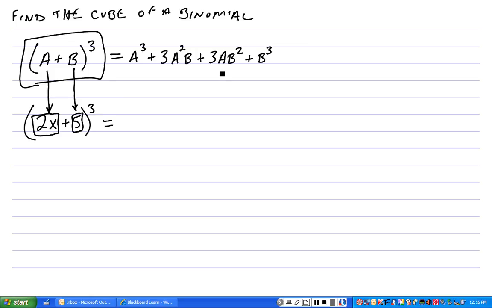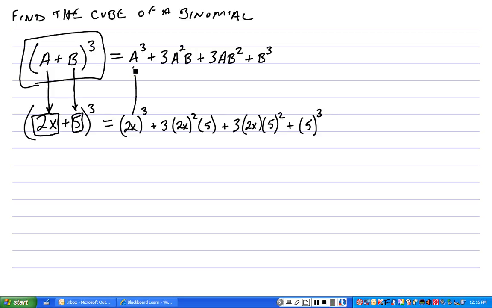Once we do that, we would get a cubed plus 3 a squared b plus 3 a b squared plus b cubed.